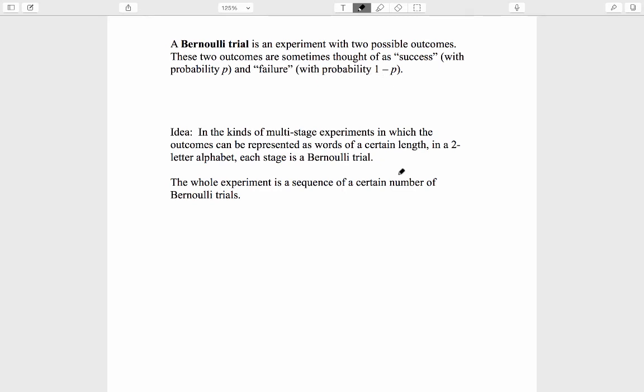The idea here is that in the kinds of multi-stage experiments in which the outcomes can be represented as words of a certain length in a 2-letter alphabet, each stage is a Bernoulli trial. That's exactly our favorite kind of experiment in this course, where every stage of the experiment has 2 possibilities at that stage. The experiment as a whole is then a sequence of a certain number of these Bernoulli trials.